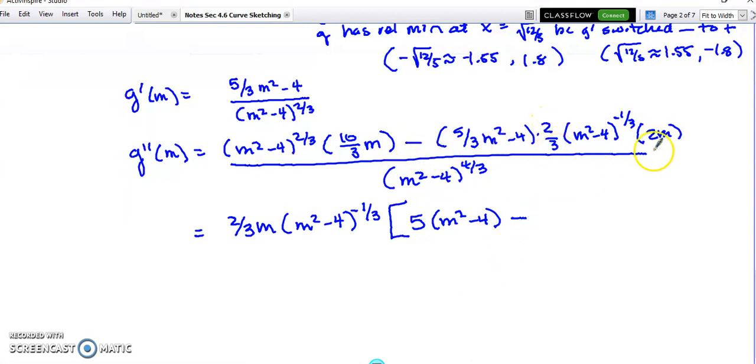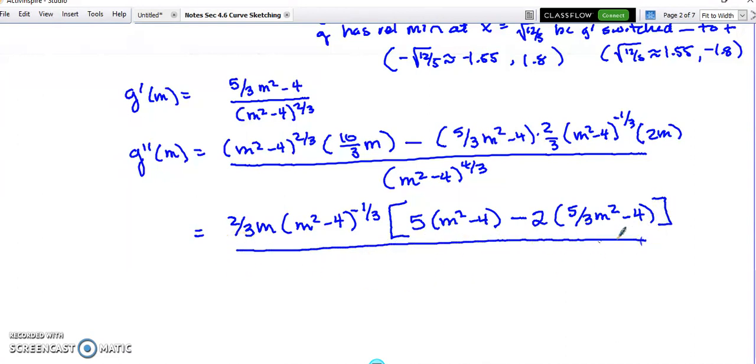We pulled out a 2/3, we pulled out an m, we're going to be left with this 2, so bring that. And I pulled out this m squared minus 4 to the negative 1/3 out. So we're going to have our 5/3 m squared minus 4 left. Close your parentheses. All over m squared minus 4 to the 4/3.